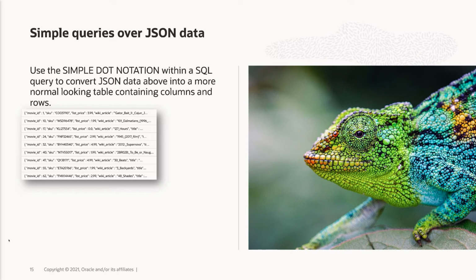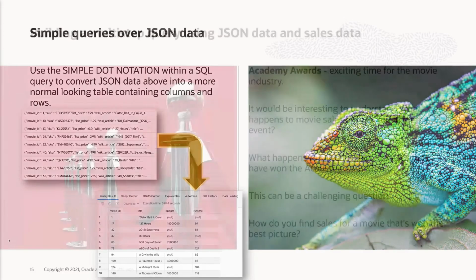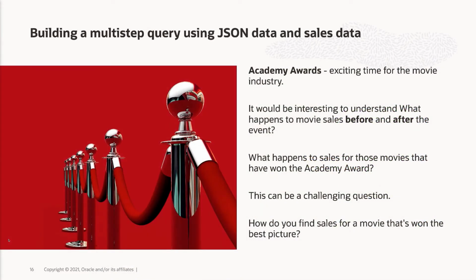It's just tweaked a little, and what that notation does is allow us to generate results that transform that semi-structured data into something more like what we're used to. In other words, a table containing columns and rows. Having got that concept, we can then move on to do some more deeper analysis.